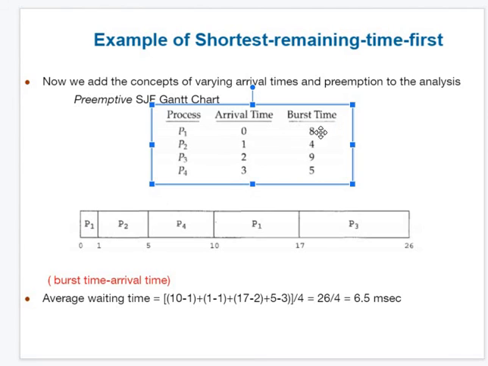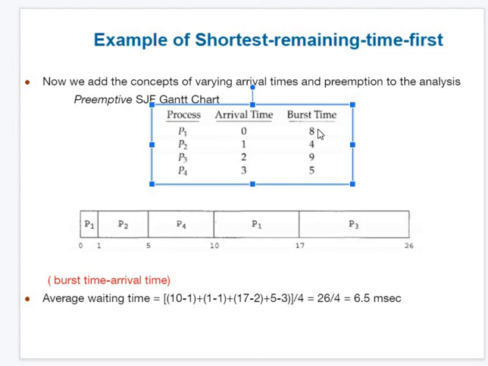If I allocate P1, for how much time should I allocate? I have to allocate temporarily for 1 second. So 1 second I have allocated. Exactly at this moment, at the first time unit, who will come? P2 will come. Now you should compare whether the newly arrived process's burst time is lesser, or the remaining time of the process that has executed for 1 second.